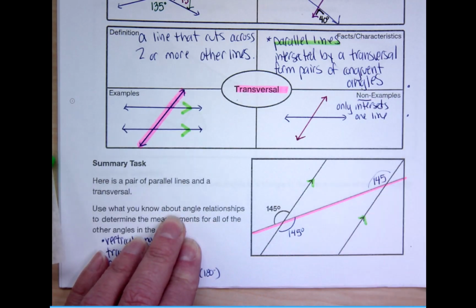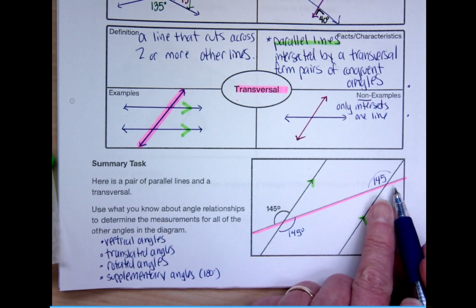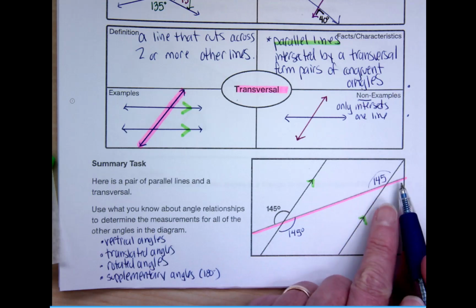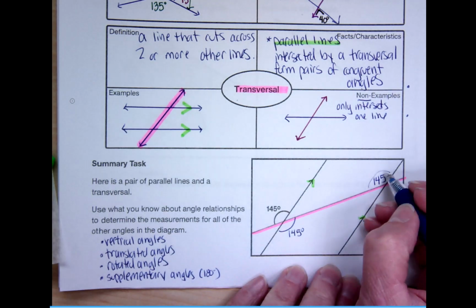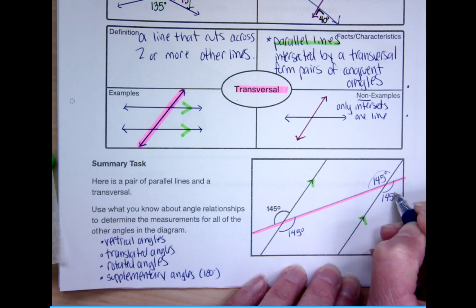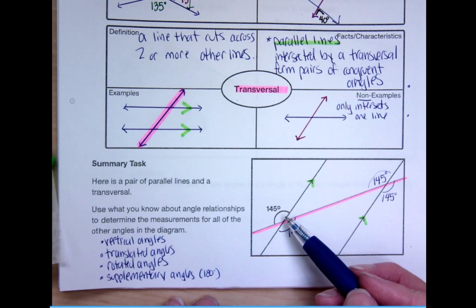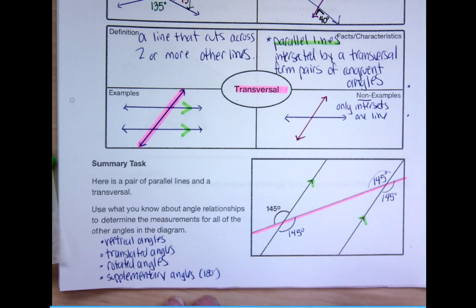Well, now I have another set of vertical angles on opposite sides of these two intersecting lines. If this is 145 degrees, then this angle is 145 degrees. So just with this one angle, I'm able to fill in three more. But we're not done yet.